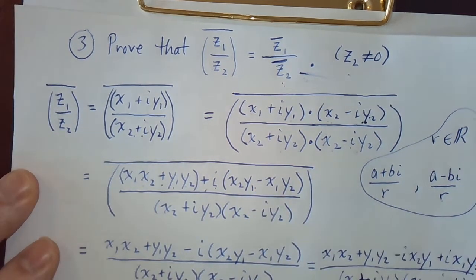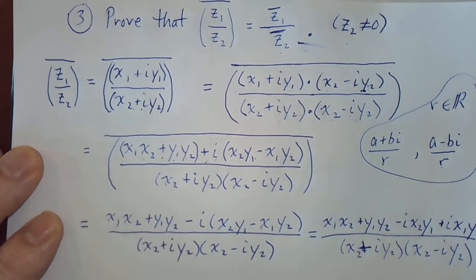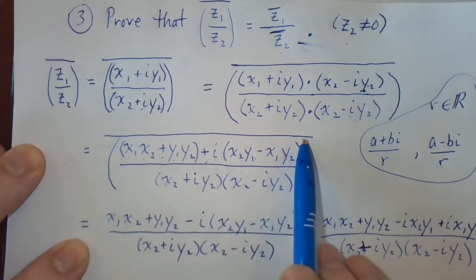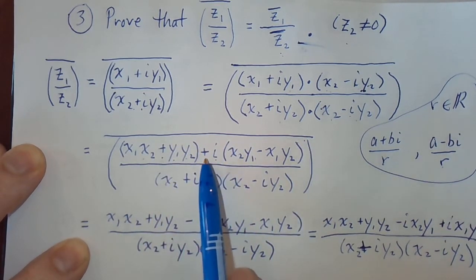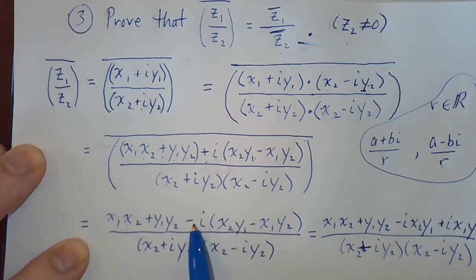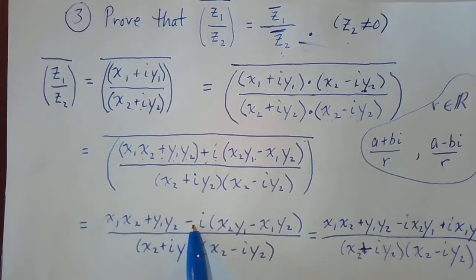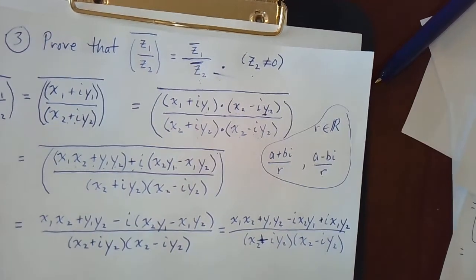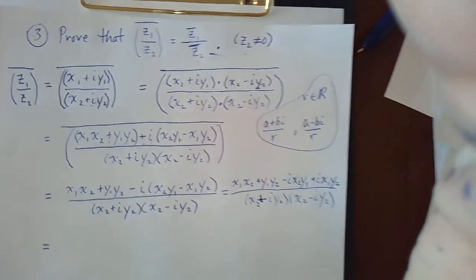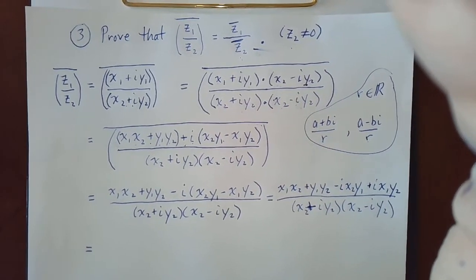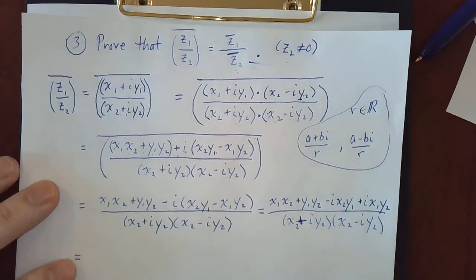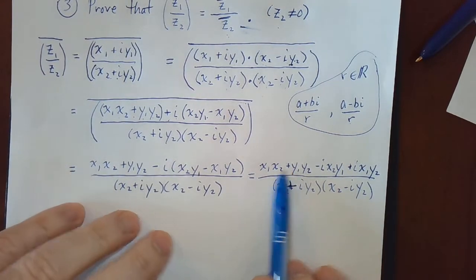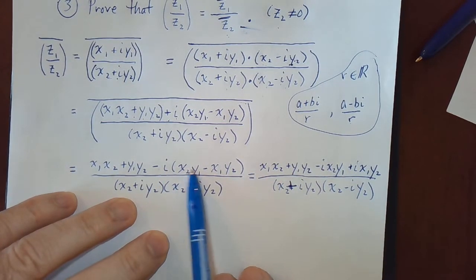So all I need to do is remove this bar and turn that plus into a minus, which I have right here. Let me scoot over a bit, give us a little more room to work with. And then on the right, all I did is distribute the negative i through here and here.